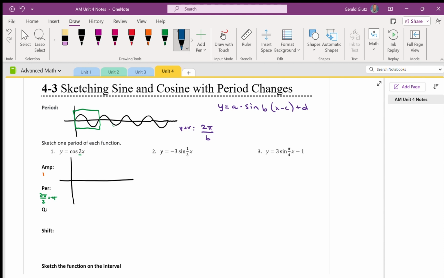That makes our quarter sections, so that's what Q stands for, our period divided by 4. What that means is our entire period is divided into quarters, which is 4. So that's why I'm dividing by 4 there. And then our shift, we don't have any. So now, because our amplitude is 1 and there's no shift, I'm just going to have 1 and negative 1.